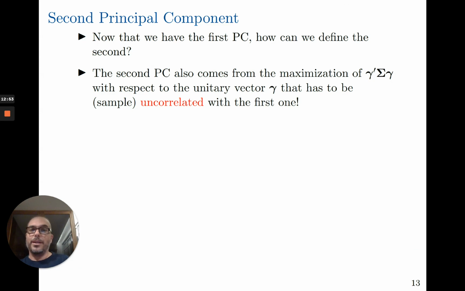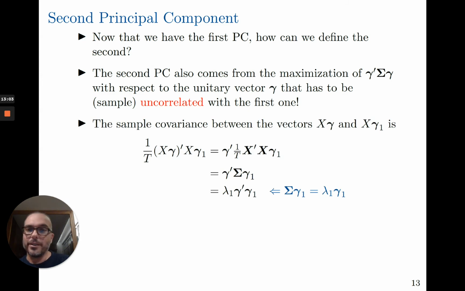We want the second principal component to be sample uncorrelated to the first principal component. The sample covariance between x gamma and x gamma 1 is given by 1 over T, x gamma prime x gamma 1.